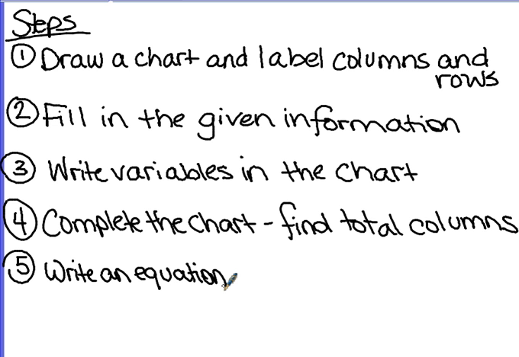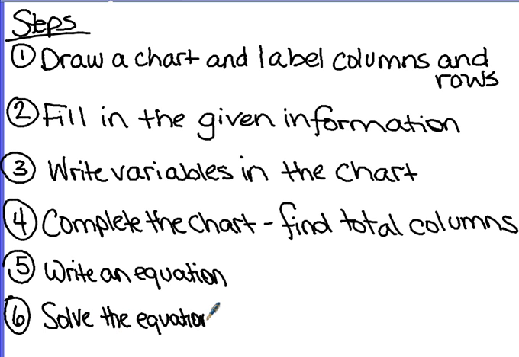I'll show you what this looks like when we do our examples. And finally, the last step is to solve the equation and label answers. So there are our 6 steps.